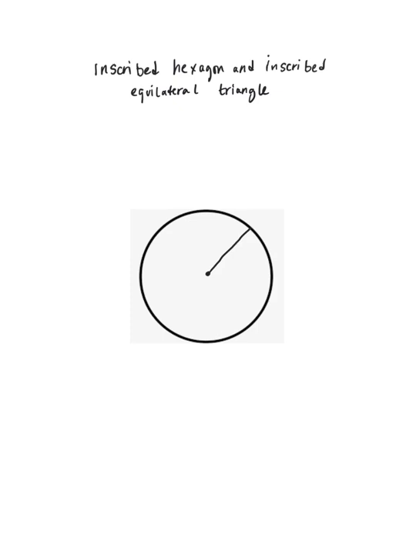Okay, so in this construction, I'm going to show you how to construct an inscribed hexagon. And then the inscribed equilateral triangle will be the same construction. I will just be connecting different points. So you start with a circle, you have a center of the circle, and you're going to put your bullseye on the intersection of the radius with the circumference, and you're going to swing an arc that passes through the center of your circle.